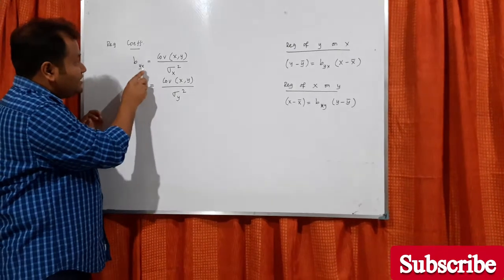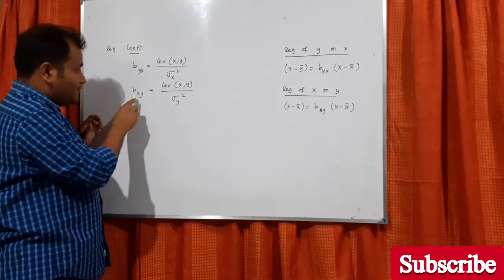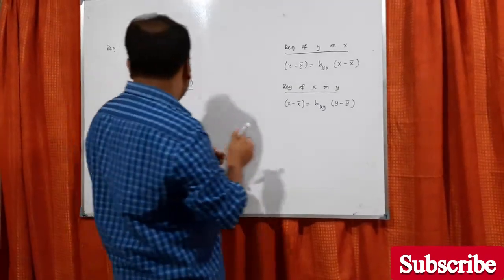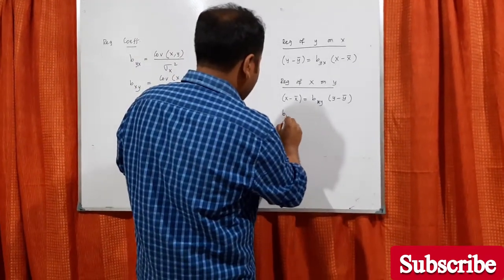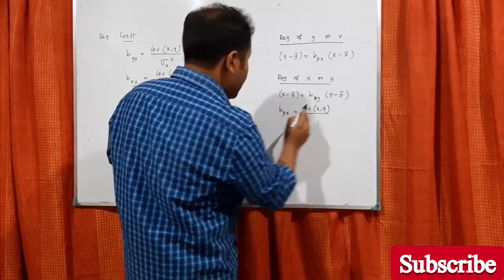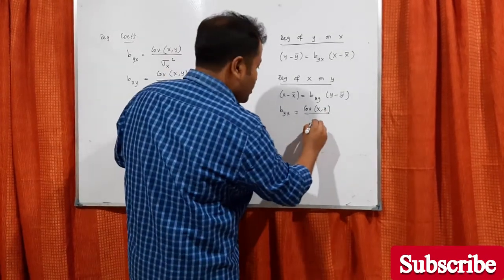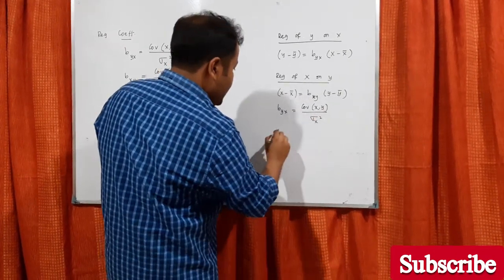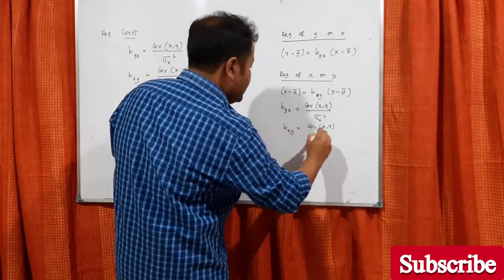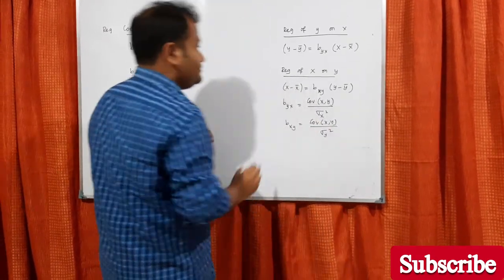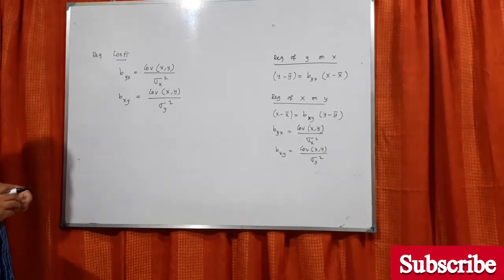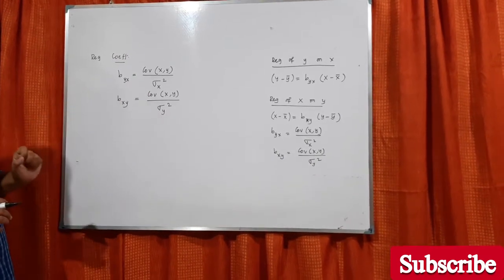In b_yx the last variable is x, so it is sigma x square, and in b_xy the last variable is y, so it is sigma y square. This is the idea of the regression coefficient.